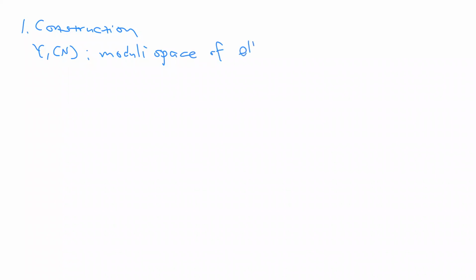All right, Y_1(N), as opposed to Y_0(N). Y_1(N) is roughly the modular space of pairs of elliptic curves and their N-torsion points, more precisely a specific N-torsion point.